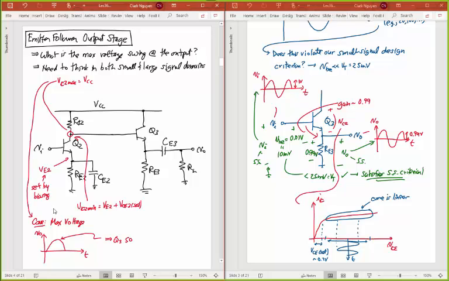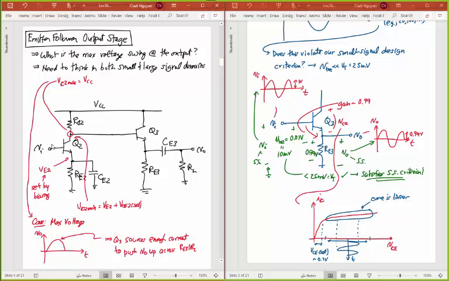So what's happening here at that very point is we're making sure that Q3 sources enough current to push V naught up across the parallel combination of RE3 and load resistance RL there.